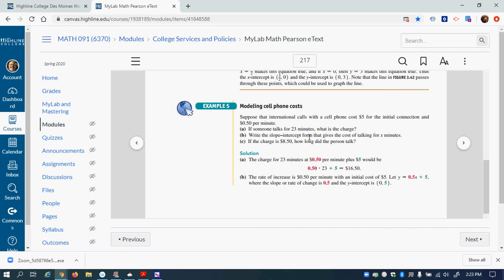Write the slope-intercept form that gives the cost of talking for x minutes. So it's an initial cost of $5, and then we have 50 cents per minute. So this is our y-intercept, the $5, and the 50 cents per minute is the slope.